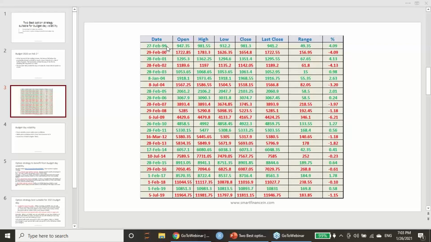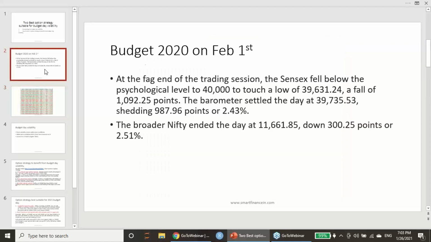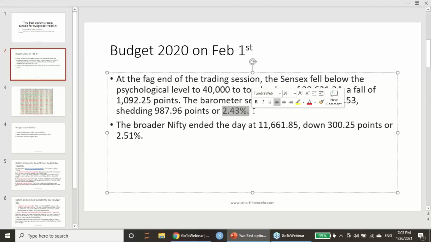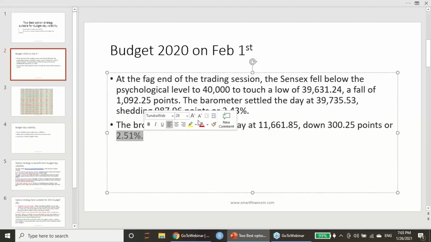On 26th Feb 99, when the budget was presented, Nifty clocked a 4% move, and in 2000 it was 4% down. This is the kind of movement you are seeing in the index specifically on budget day. And in the 2020 budget, on February 1st, the Sensex settled at 2.43% negative, and Nifty also gave 2.5% negative growth.